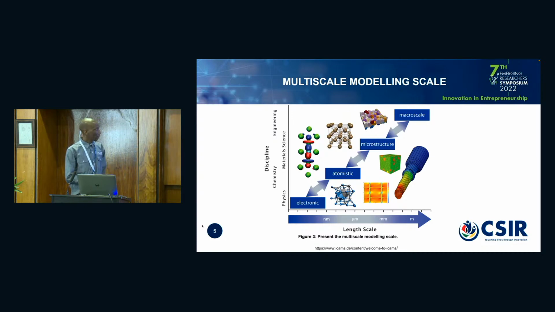And then one can model from the electronic level, meaning you can determine how the charge electron behaves. You go to atomistic, you go up to the micro level, which is a discipline where the engineering and material science at some points play a huge role. So one can determine from here going up and from up going down. The principle will remain the same. You will observe similar properties, but it will be based on the level of the scale.